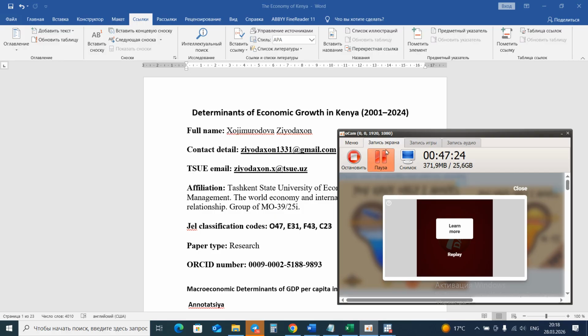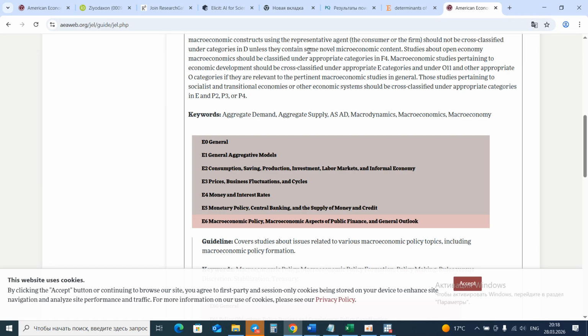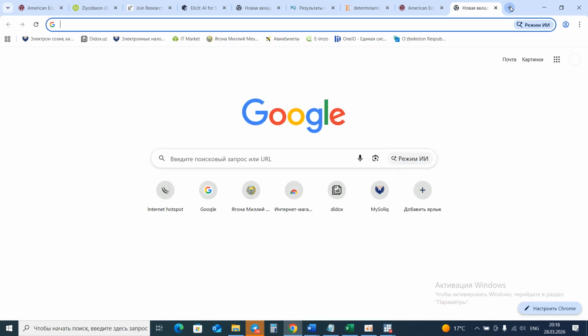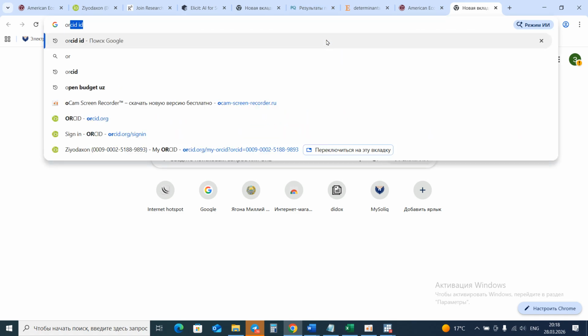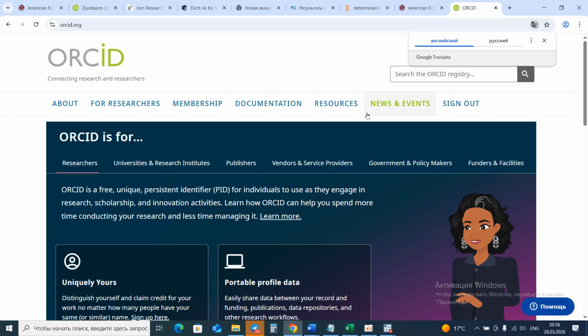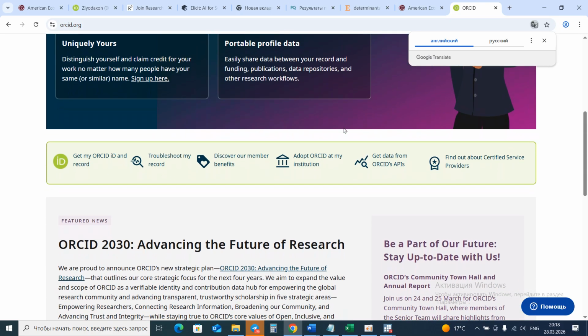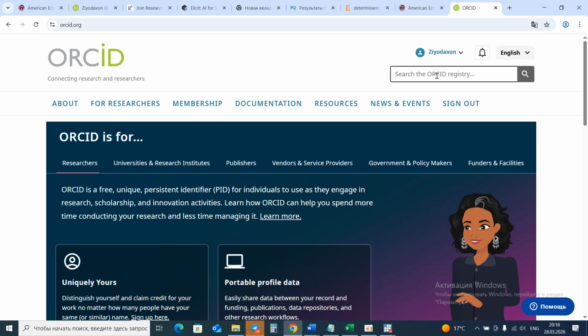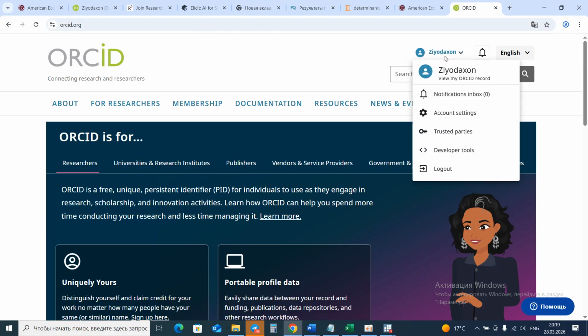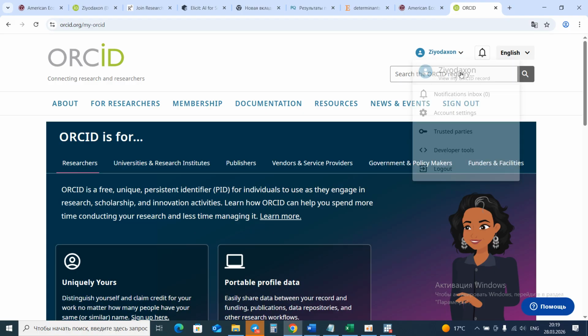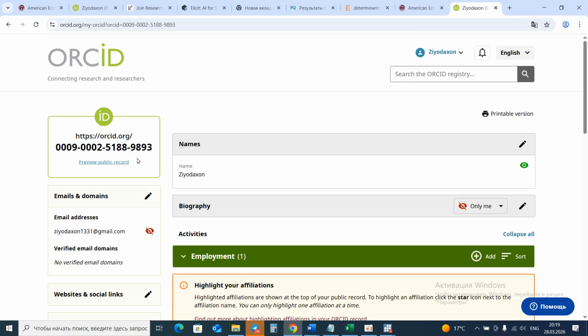So next is registering an ORCID number, which I also found here. ORCID number. We go to ORCID, and I have already registered. And here, as you can see, this is the ORCID number.